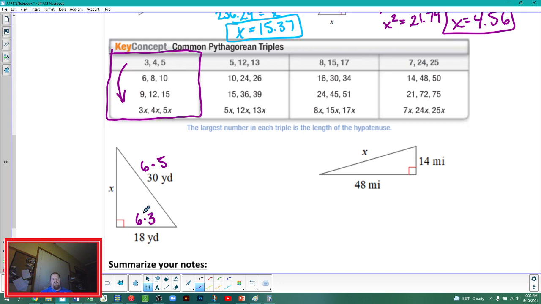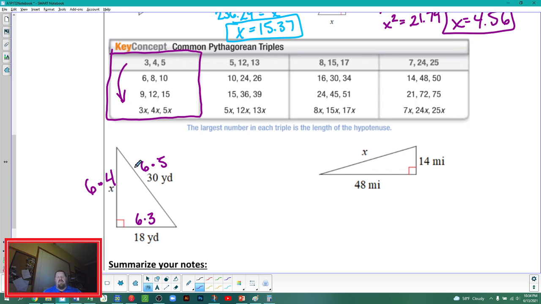This is one of the legs. So this triangle, from the looks of it, is a 3, 4, 5 triangle. This side over here being 6 times 4. And it's just that 3, 4, 5 triangle expanded to a scale of 6. Like every side's been multiplied by 6.